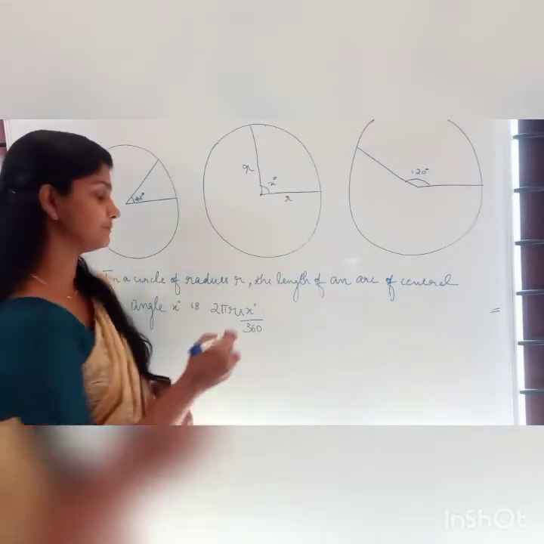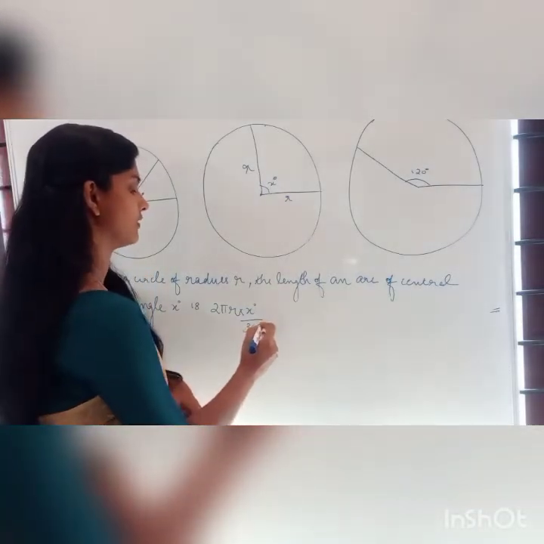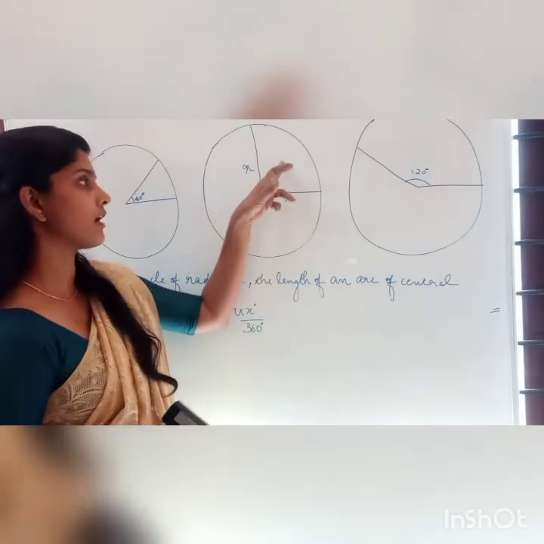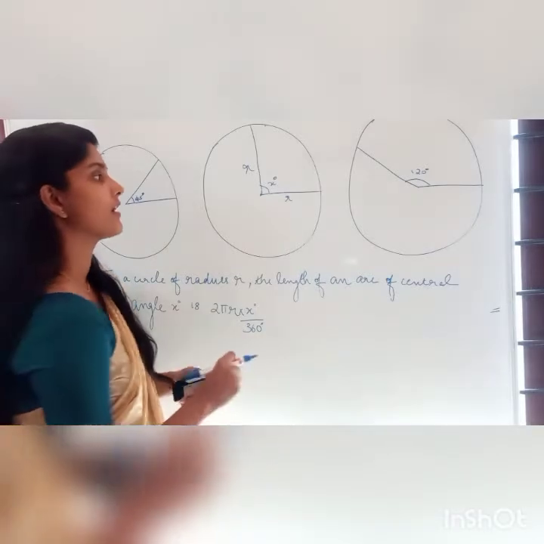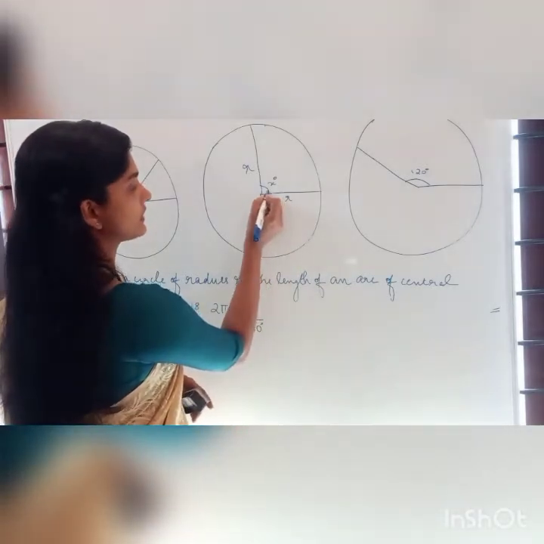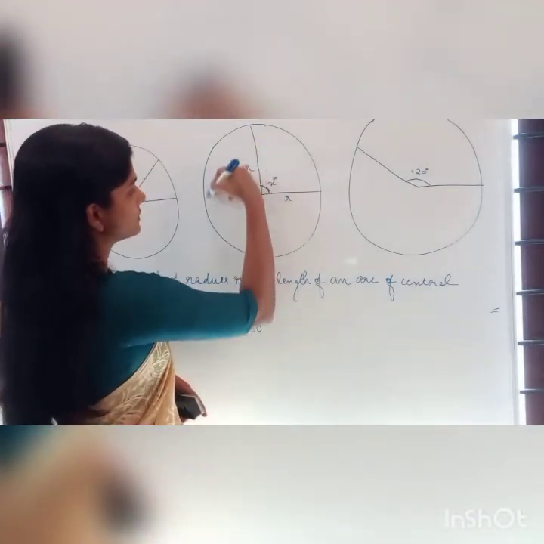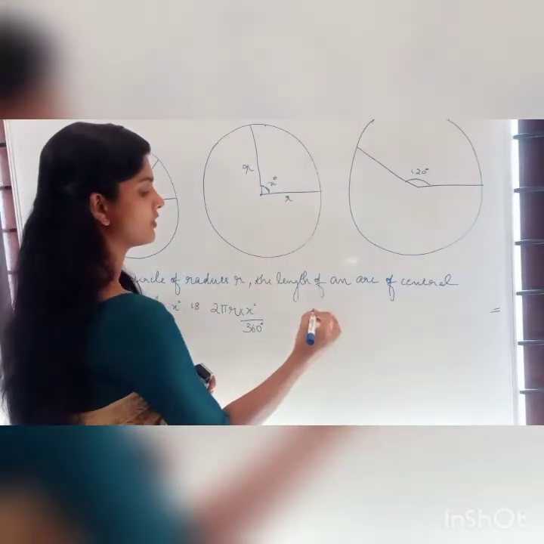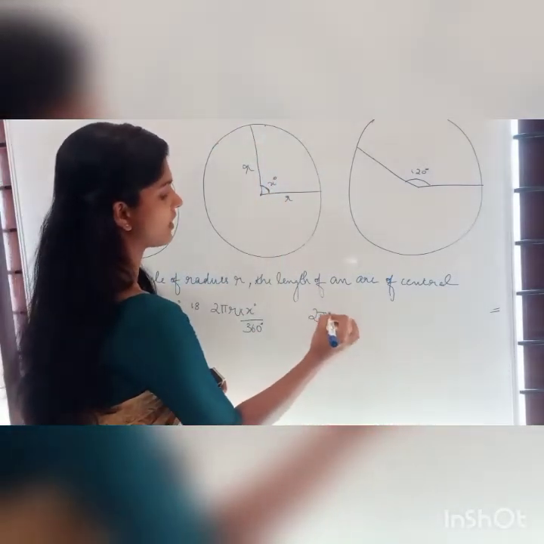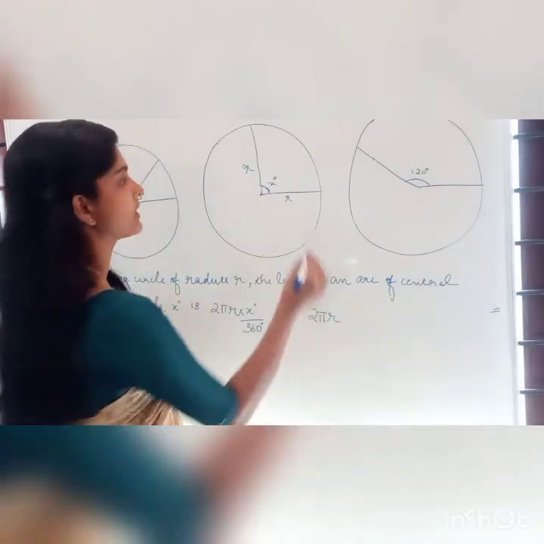How will we get it? Here we can say the length of the arc is given by this formula by the concept that the perimeter of a circle is given by 2 pi r, right?